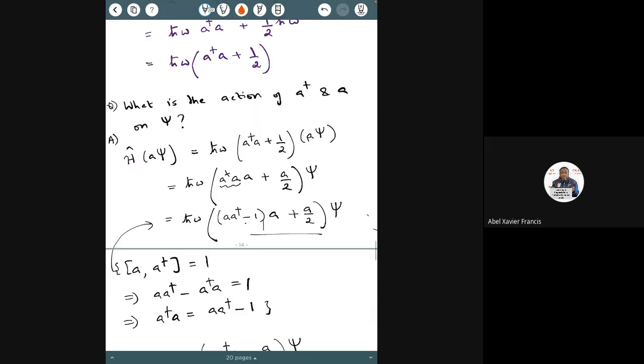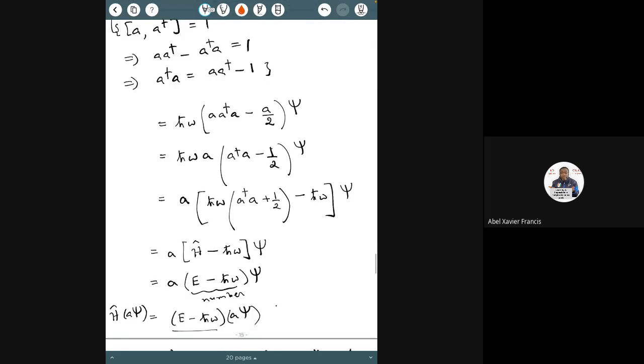So to do that, we tried to find out what sort of wave functions A psi and A dagger psi are. And when we used the Hamiltonian on the wave function A psi, we found that it is also an eigenfunction of the Hamiltonian, but it has an energy which is lower than psi by h cross omega.